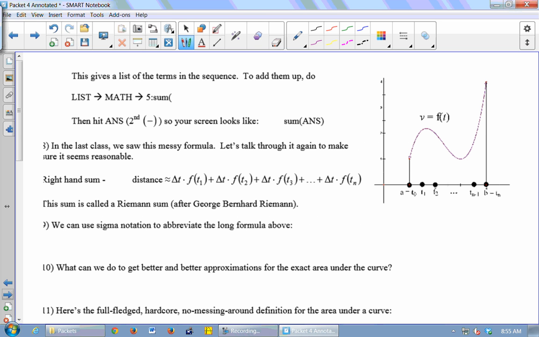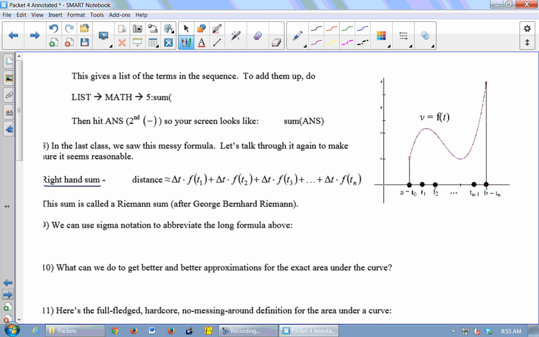All right, so in the last class, we saw this messy formula for a right-hand sum, right? And it was just adding up areas of rectangles. Each of these terms in this sum is the width of a rectangle times the height of a rectangle, right? Delta t times f of t1. So this was my picture, and I'm finding a right-hand sum.